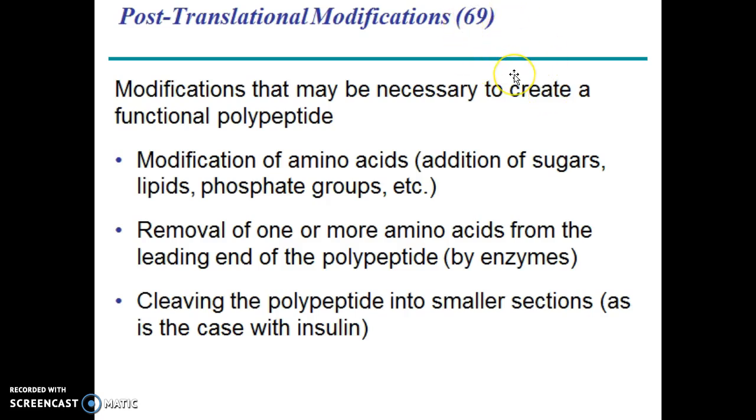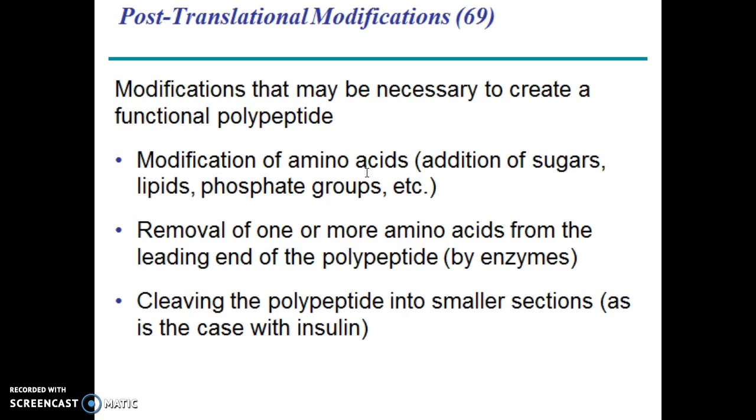So number 69 is talking about three different types of post-translational modifications that may be needed for the polypeptide, and here are those three right here. I'll explain those. Modification of amino acids. Sometimes an amino acid does need to be changed. Keep in mind that amino acids, which we looked at, I think way back in chapter 4, which seems like an ice age ago, have functional groups.